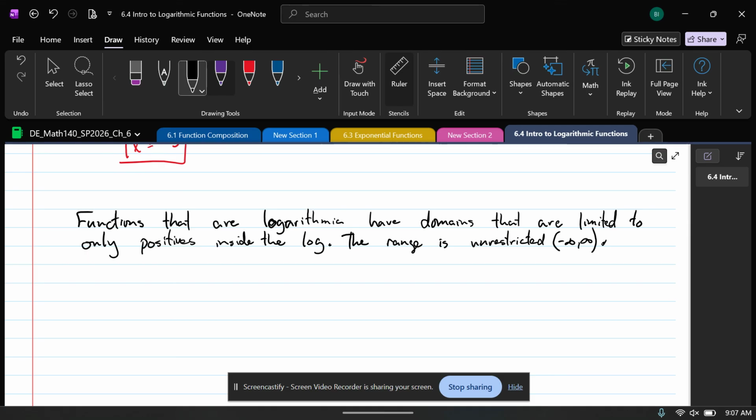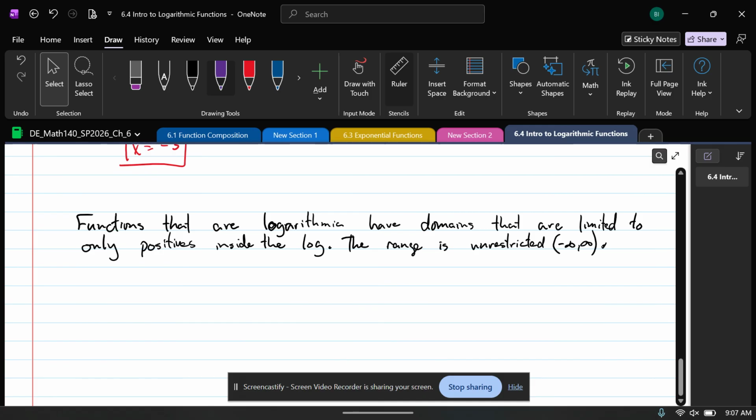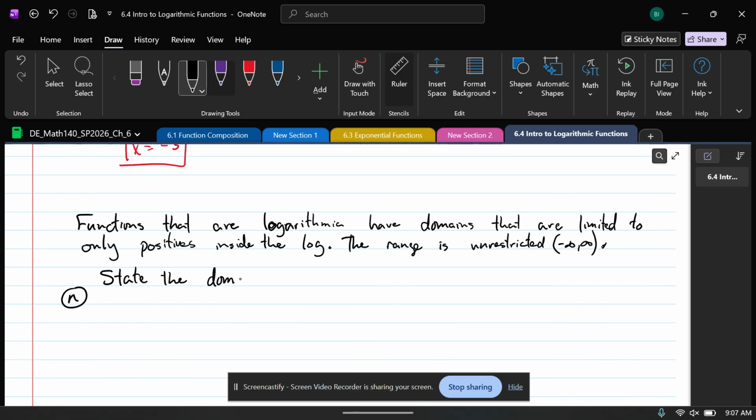Okay, so when we're looking at a logarithm, let's take, what letter are we on? N? Yeah. We're going to state the domain, range, and vertical asymptote. So horizontal asymptote existed with exponential functions; with a logarithmic function, you have a vertical asymptote. So here's our function.